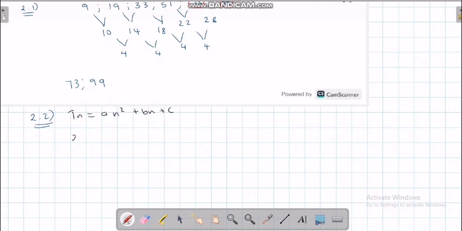In this case, our 2a will be equal to 4. Our 3a plus b will be equal to 10. Our a plus b plus c will be equal to 9. So in this case, dividing by 2, our a is 2.